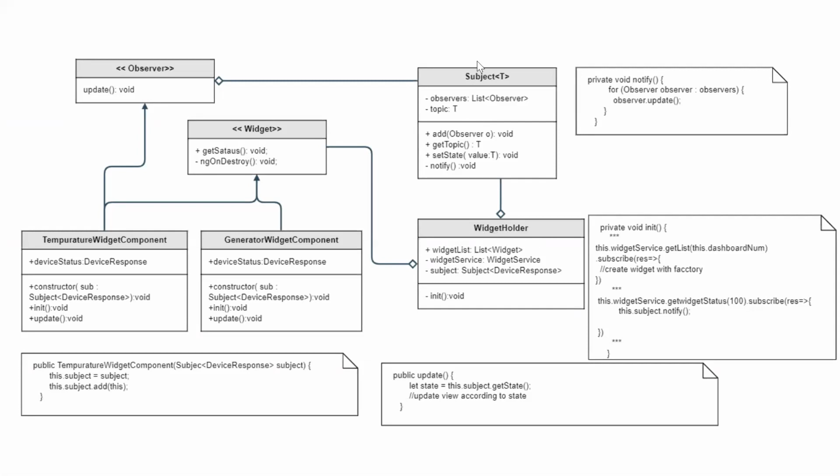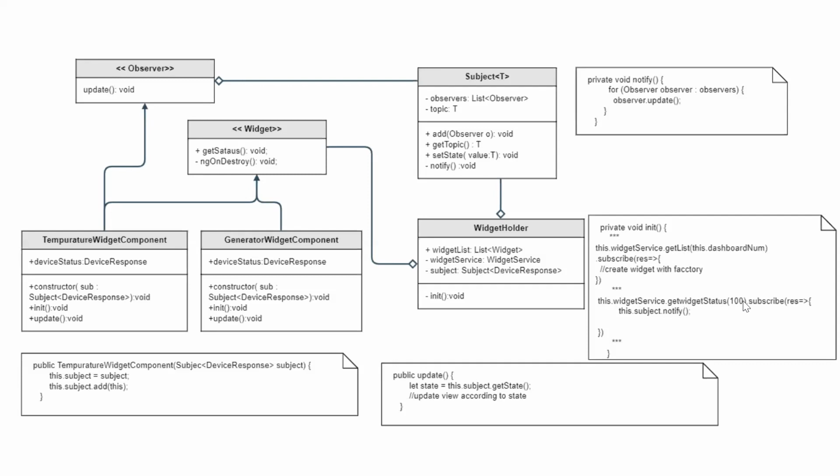The widget holder is responsible for fetching the data with an HTTP call. This is the fetching part: widget service dot get list, and widget service get widget status.